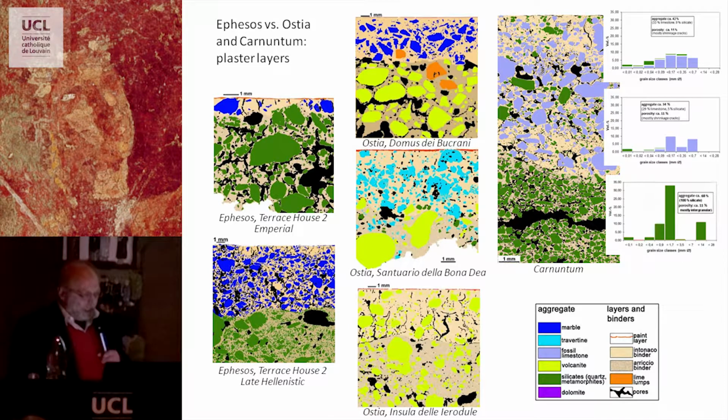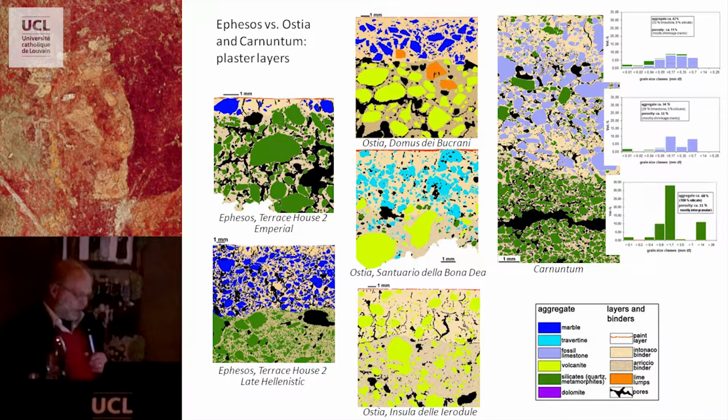Now I come close to the end. I'm now comparing what we found in Ephesus. So, 2 examples here. I've always shown you local silicate sand in the arriccio and carbonate or marble dust in the intonaco.